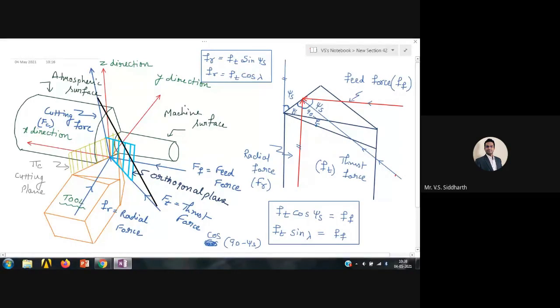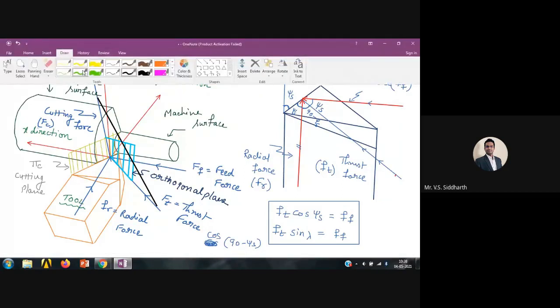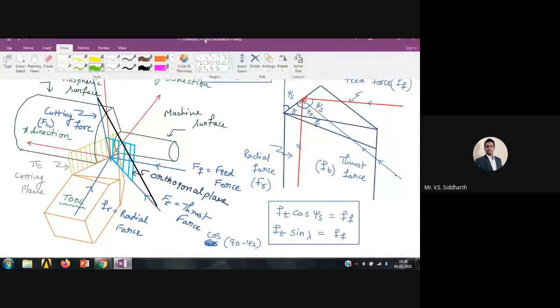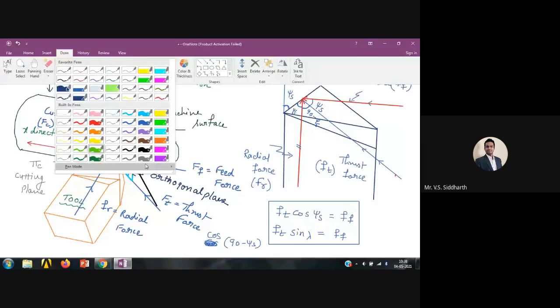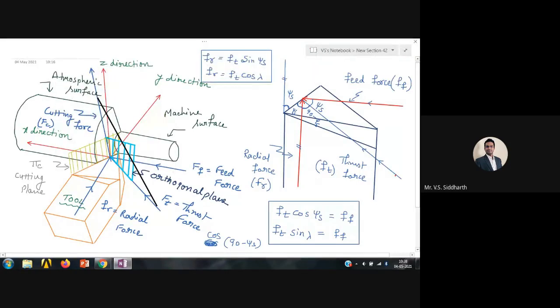See one thing here. Observe one thing. Here this z-axis is there, the red one is the z-axis. The cutting force and the z-axis are not coinciding with one another. I have deliberately made that diagram in which there is a small offset between the cutting force and the z direction.